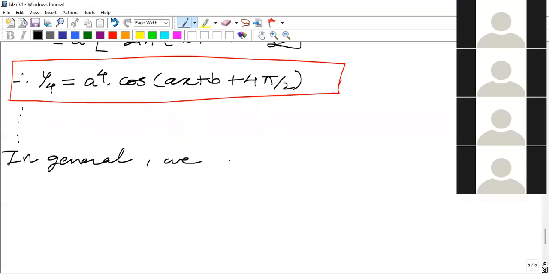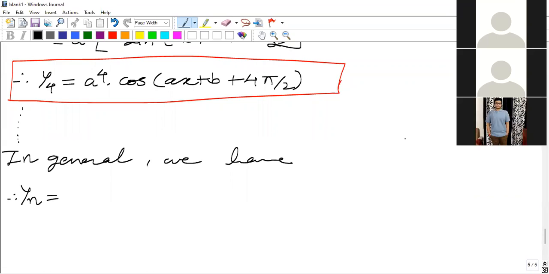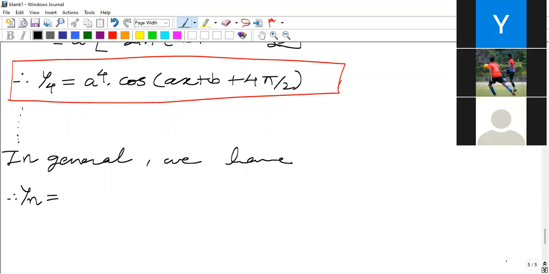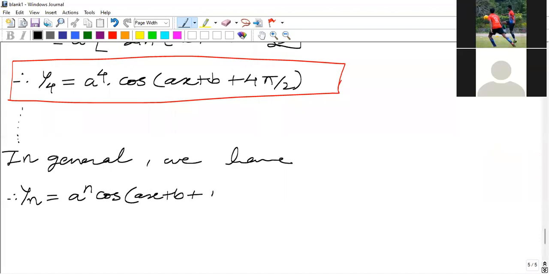So in general, we want to define yn. It is a to the power n cos of ax plus b plus n pi by 2.